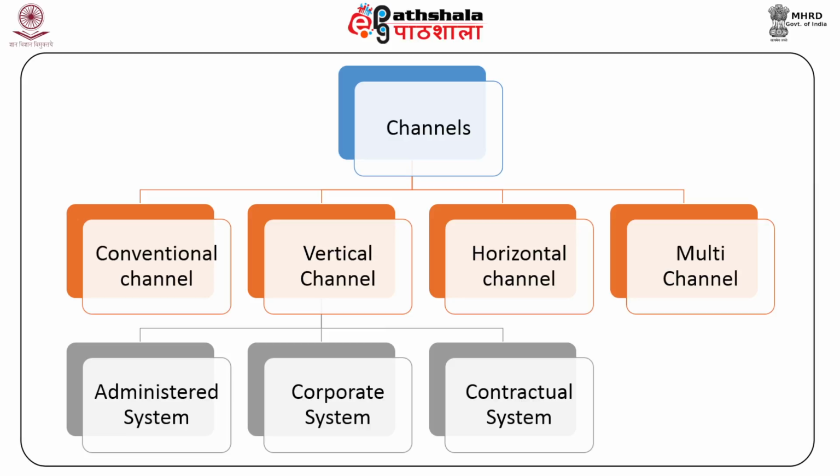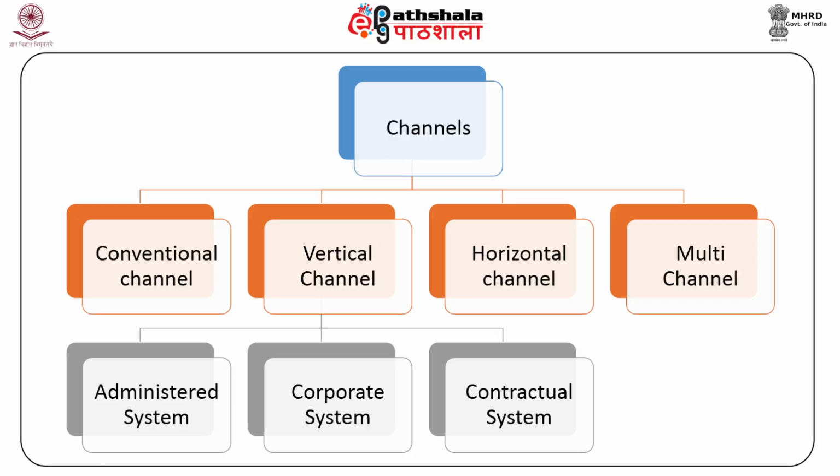The assignment of tasks and duties in this type of channel is mostly on an informal basis. Despite all the disadvantages, this channel is still in existence because people have strong networking with each other.